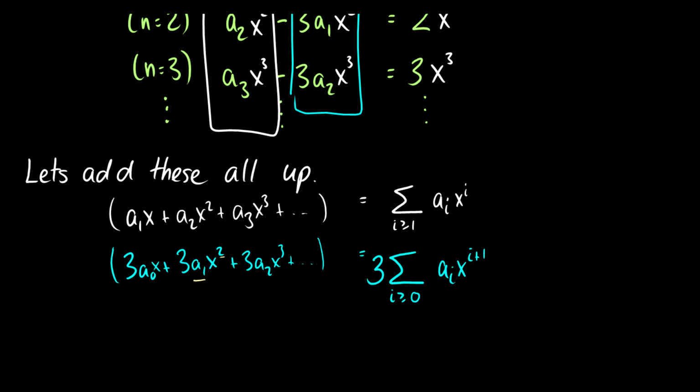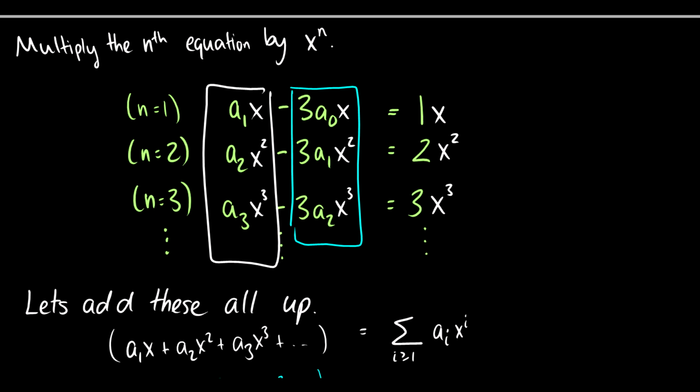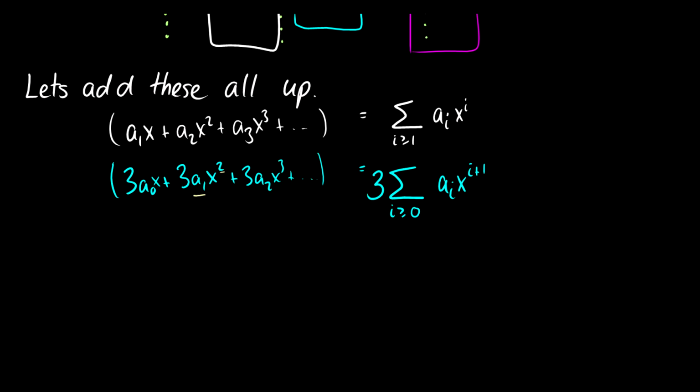And finally, when we add up this last column here, what we get is x plus 2x squared plus 3x cubed plus 4x to the 4 plus ... And this is just equal to the sum as n goes from 1 of n times x to the n.